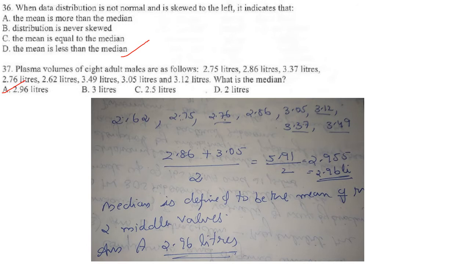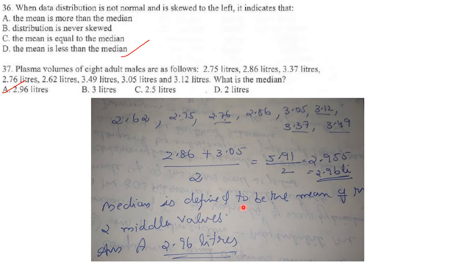Then plasma volume of 8 adult males are as follows: 2.75 liters, 2.86 liters, 3.37 liters, 2.76 liters, 2.62 liters, 3.49 liters, 3.05 liters, and 3.12 liters. What is the median? So first arrange the data in either increasing or decreasing order.